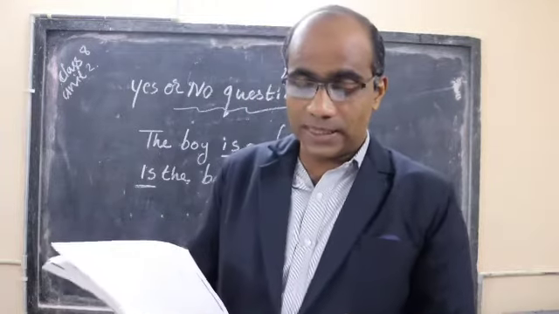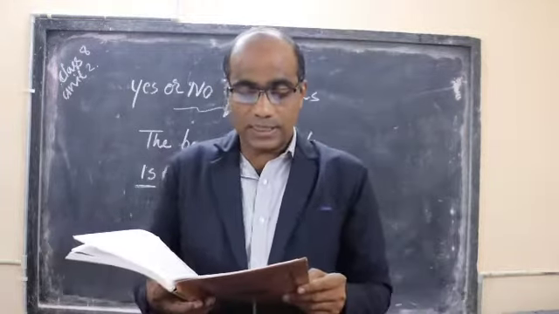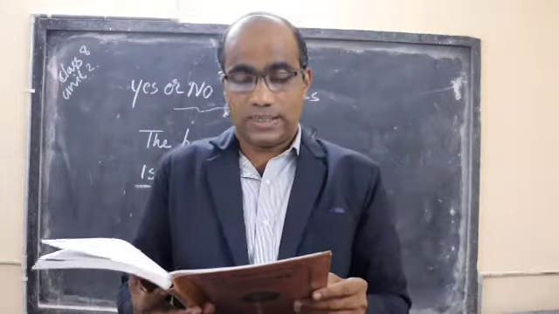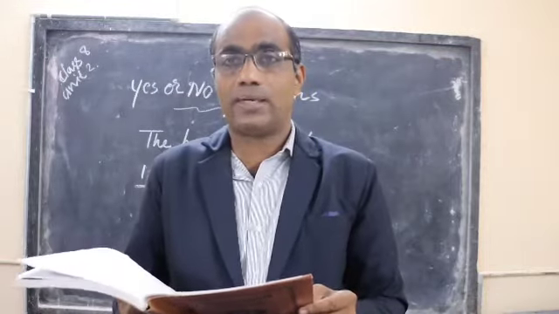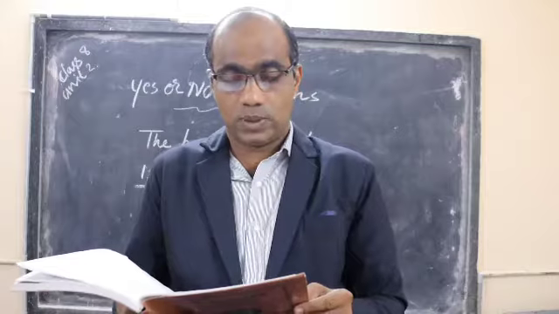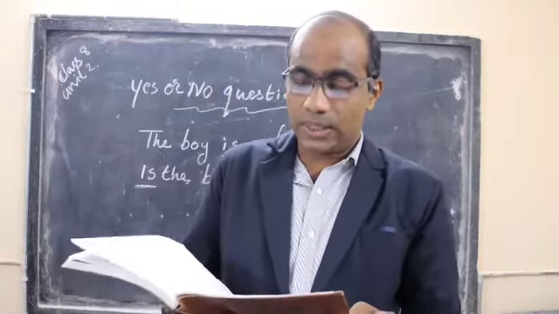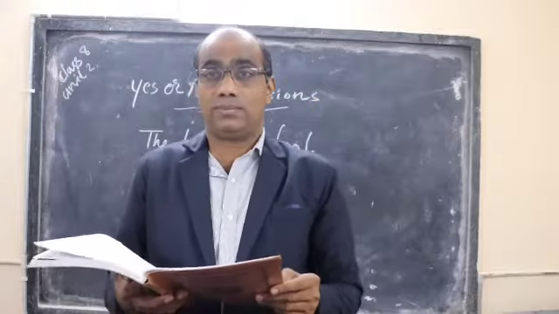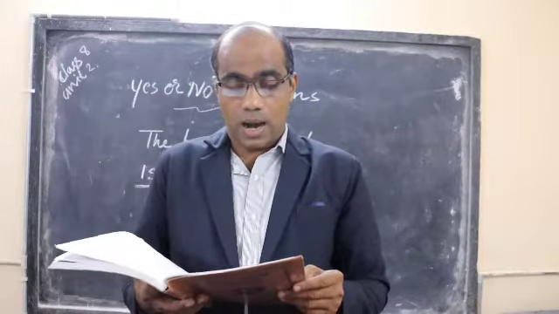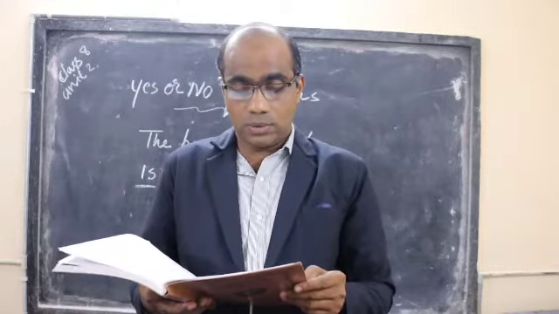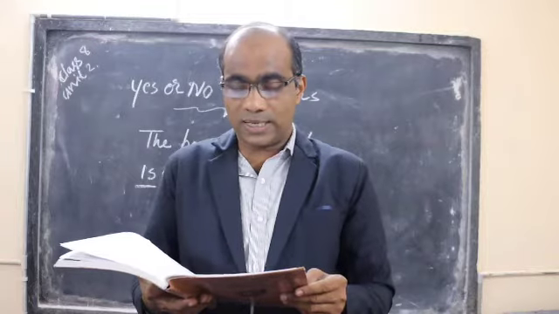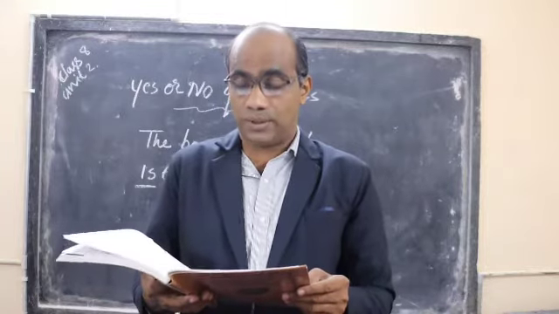There we read: "The boy is a fool," said the gentleman in the white waistcoat. As you know, the above underlined expression can be changed into a question. How do we change the above statement into a question?